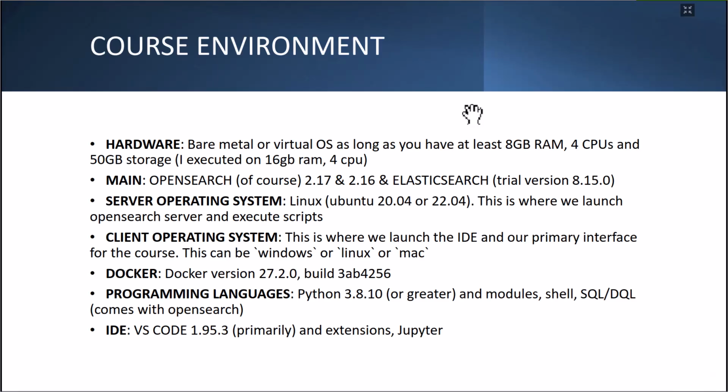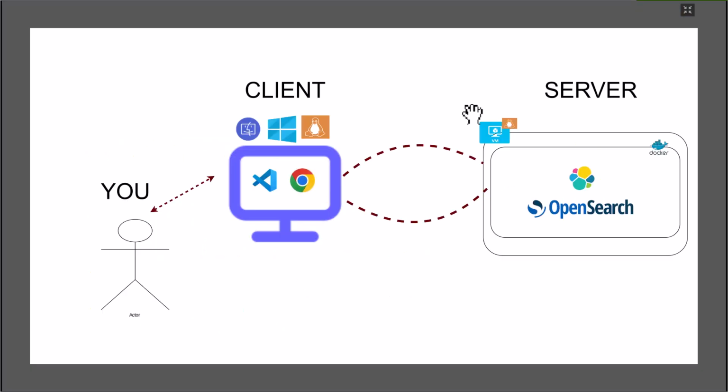The course environment we have already walked through in the Getting Started section, but this is a snapshot of our course environment, an illustration of how we will be using the environment all through this course. On the right side, we'll have our server, which is the OpenSearch server components, including OpenSearch, Dashboards, Data Prepper, and so on.